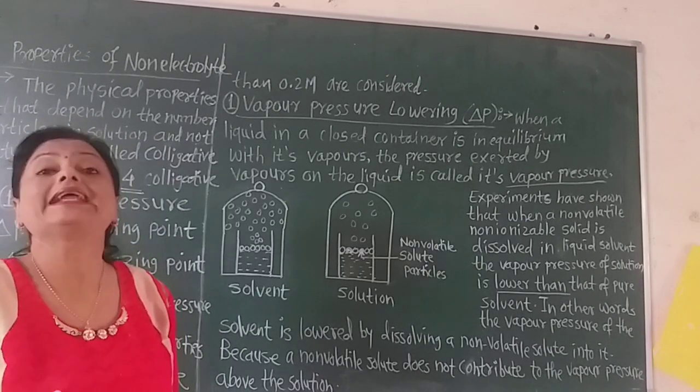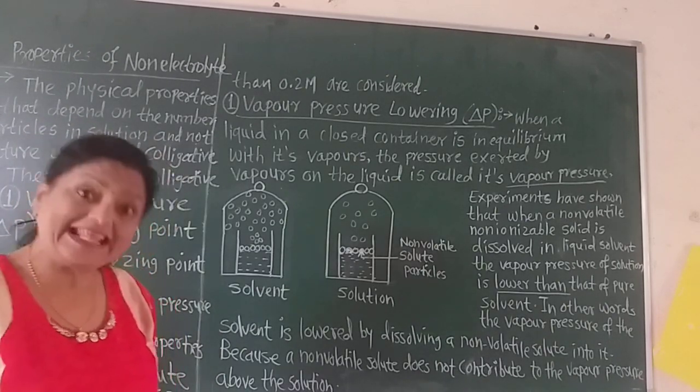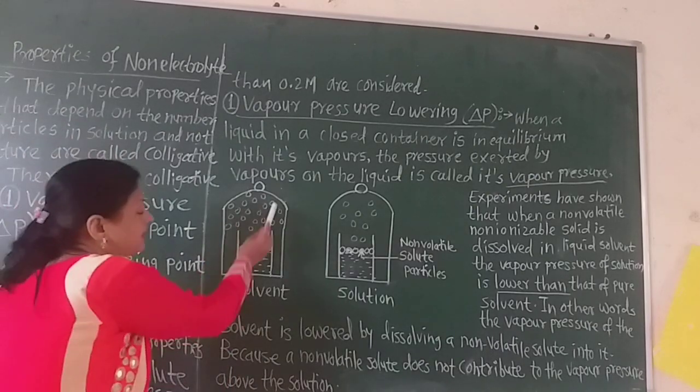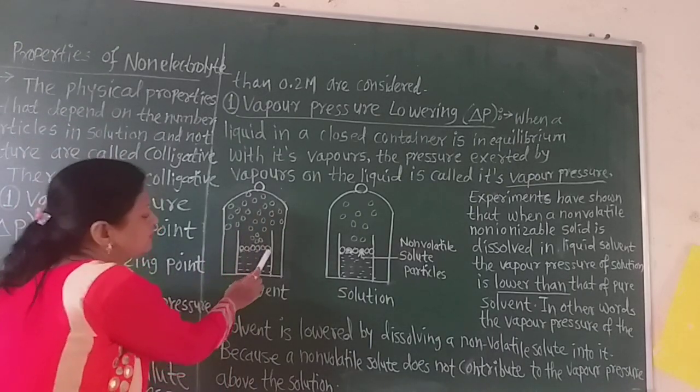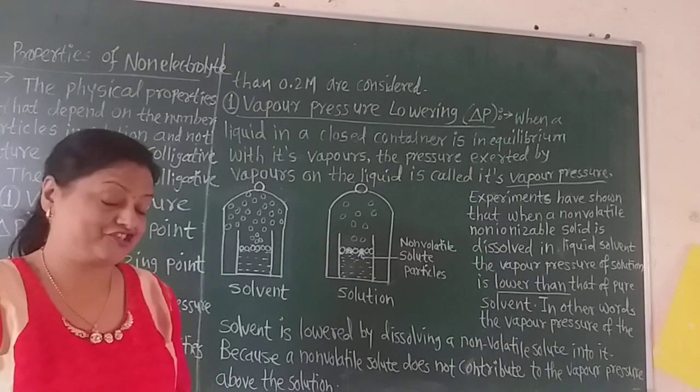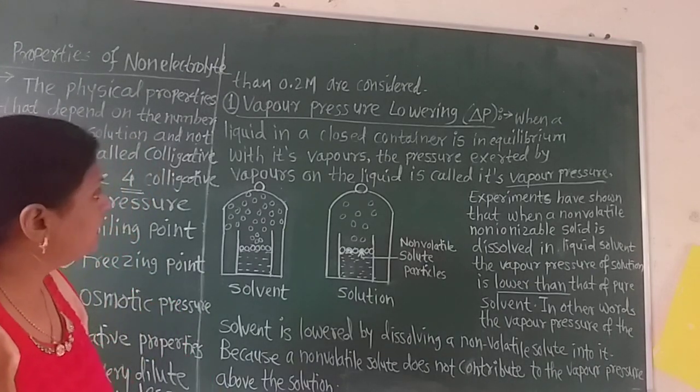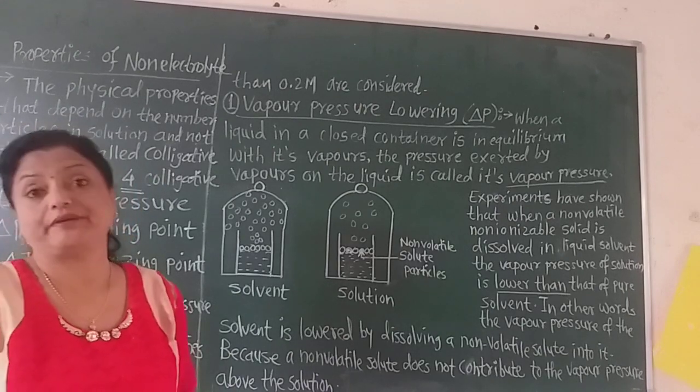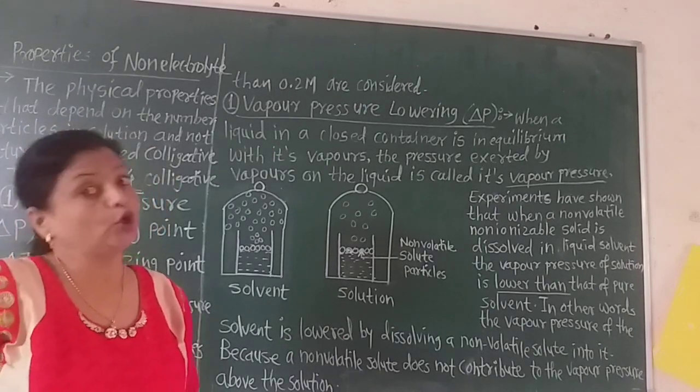When these both rates become equal, at that time the pressure exerted by the vapors on the surface of that liquid is called its vapor pressure. But we have to study the lowering of vapor pressure, or vapor pressure lowering.